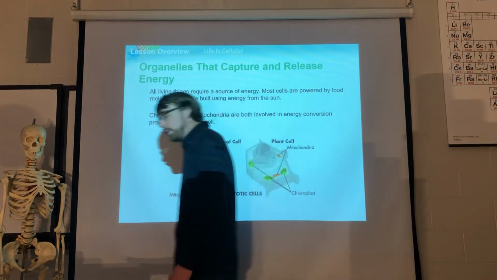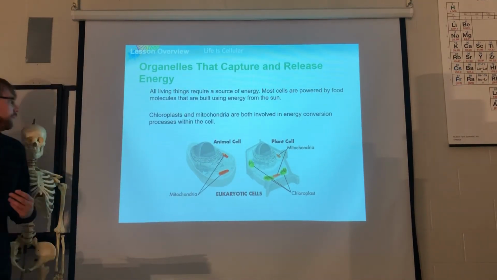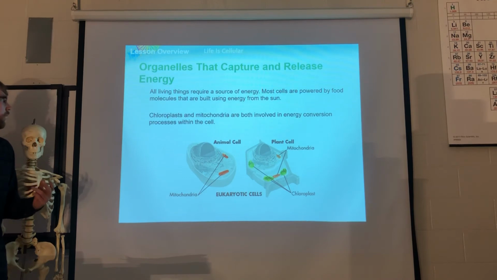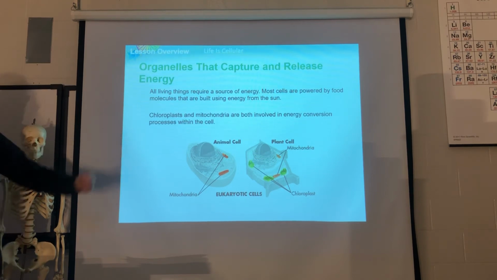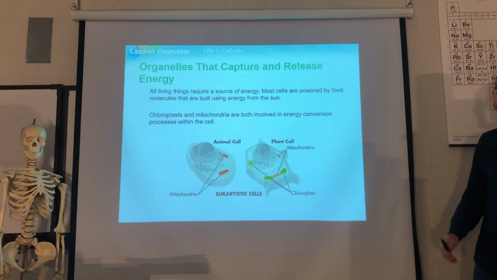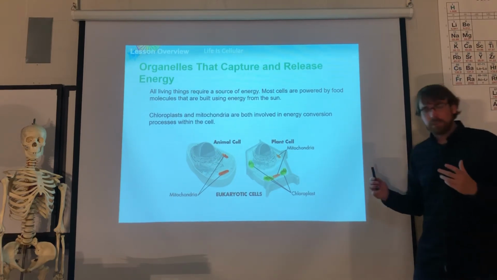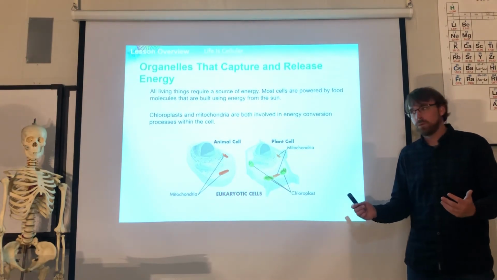So this is going to bring us to the last two organelles that we're going to talk about today: the mitochondria, the powerhouse of the cell, and the chloroplast. The mitochondria and chloroplast are two of the most important organelles.